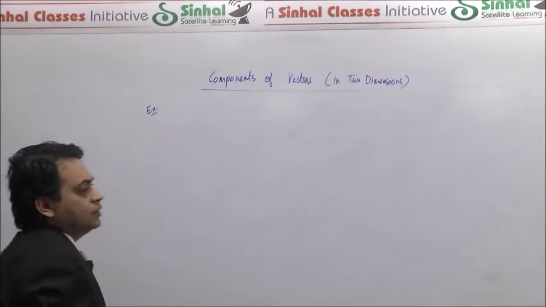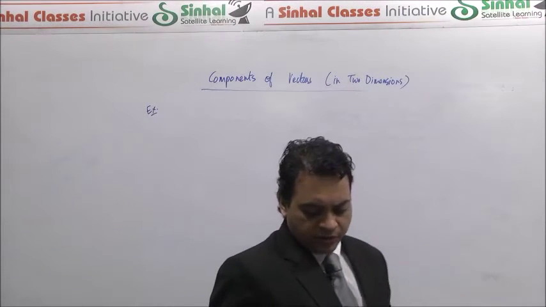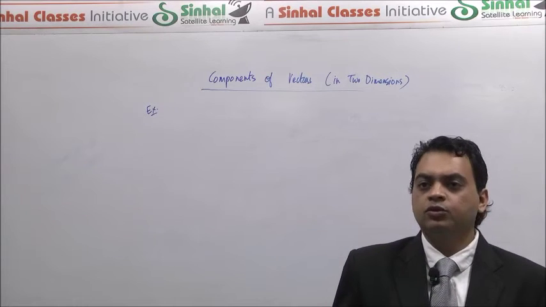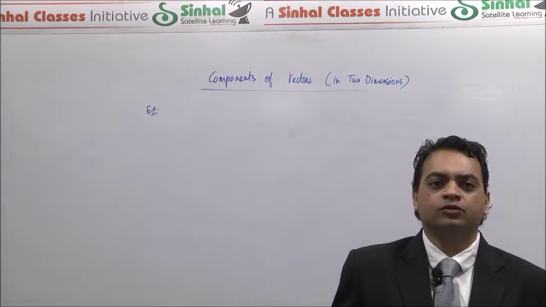In the next example, we will be given 2 vectors, and we want to find the magnitude of each of the vectors, and also the unit vectors of those particular vectors.